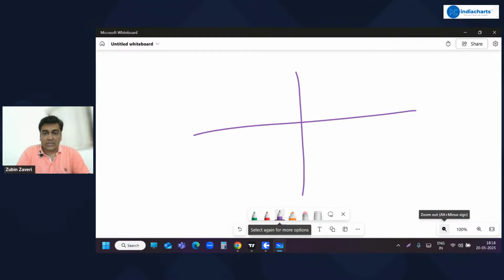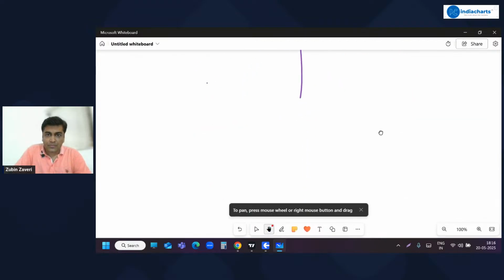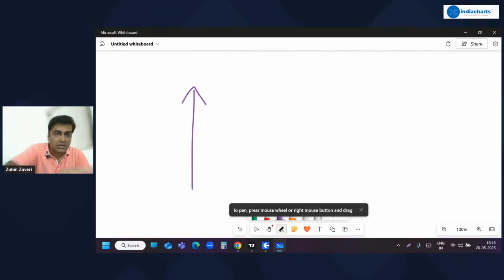Now, on the y axis the arrow is either going upwards or downwards.